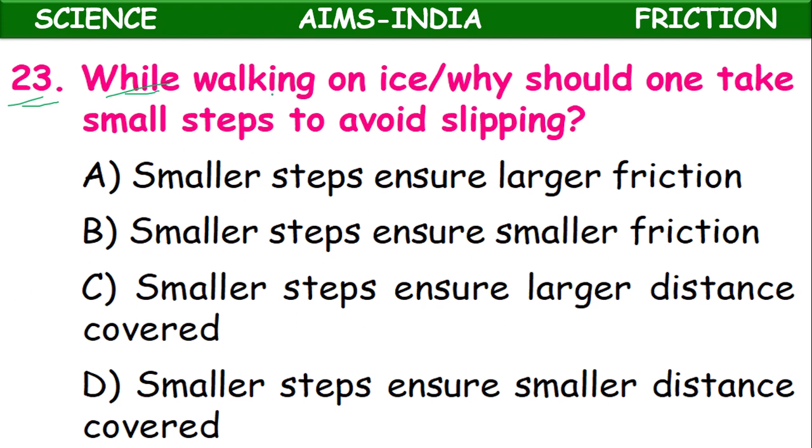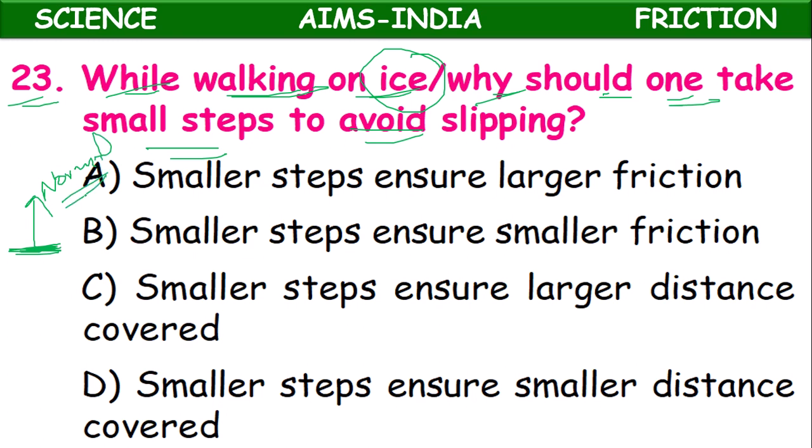Next one. While walking on ice, why should one take small steps to avoid slipping? We should take small steps. Why? If we take small steps, it will create greater normal force, which you will be learning later, children.